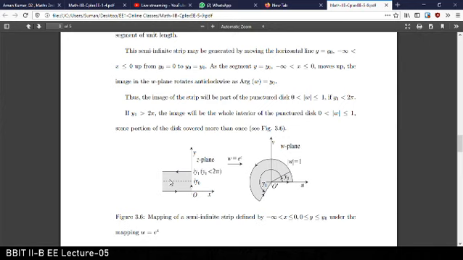So under this mapping, a horizontal strip from minus infinity up to the x-axis will be mapped to a unit circle or part of it. If y1 is more than 2 pi, it will be repeated after completion. If it is 2 pi, it will be a complete circle. If it is more than 2 pi, it will traverse once, then retraverse again.